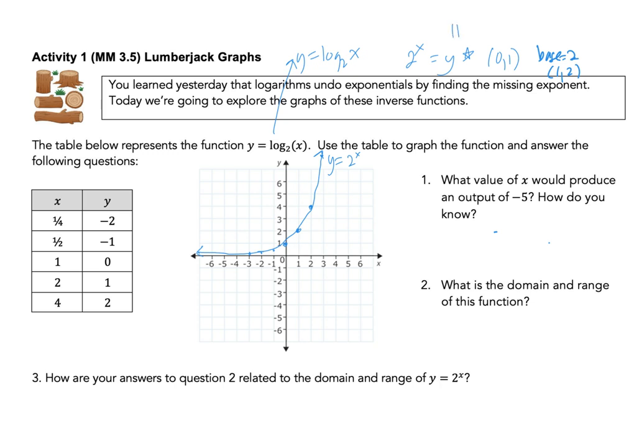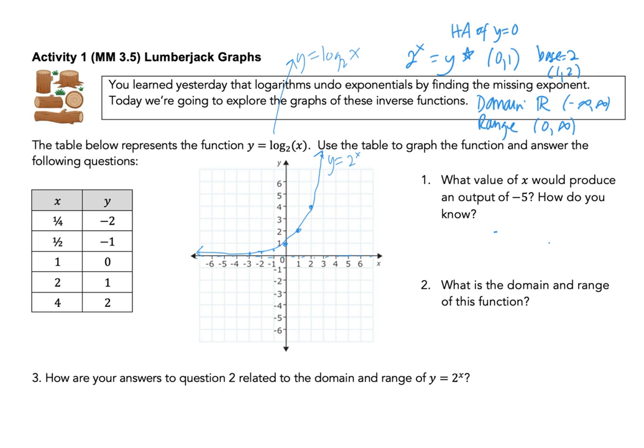It has a horizontal asymptote of y equals 0, so it approaches this horizontal asymptote here. The domain is all real numbers, negative infinity to infinity, and the range is from 0 to infinity, but exclusive of 0 because of that horizontal asymptote.